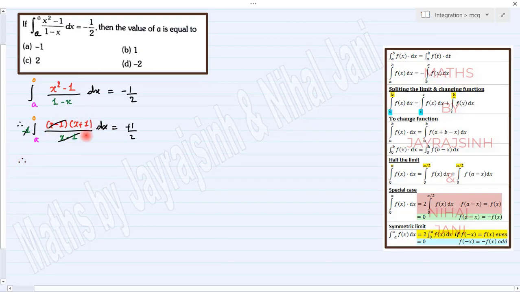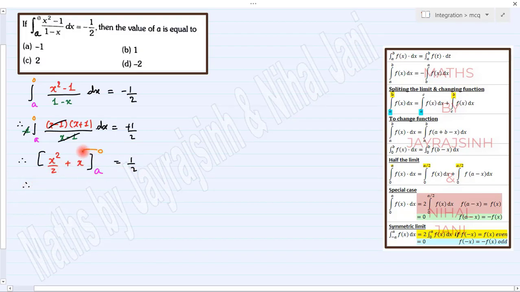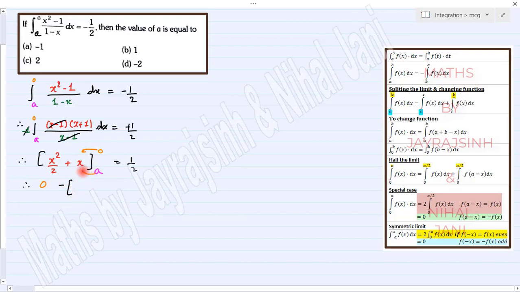So we just have to integrate x plus 1. Integration of x will be x square by 2, and integration of 1 will be x. Limit is from a to 0 is equal to 1 by 2. Now let's substitute the limit. From the upper limit we will get 0 minus, from the lower limit we will get a square by 2 plus a is equal to 1 by 2.